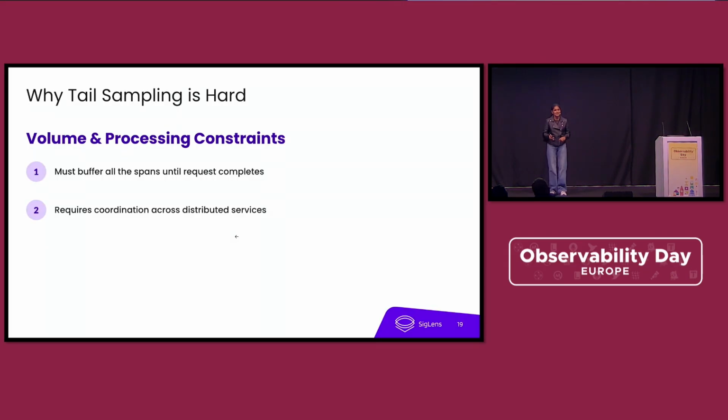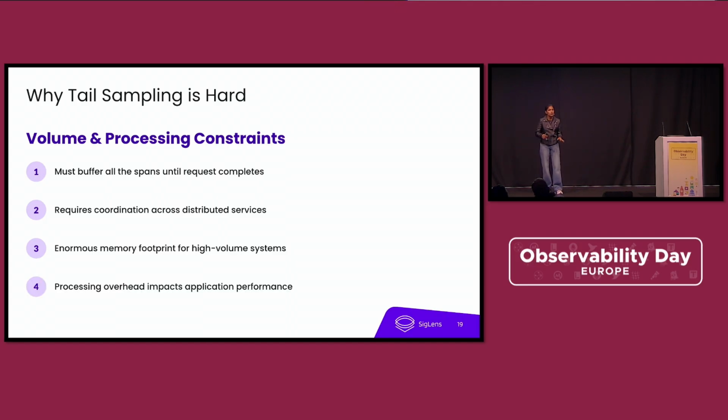Second, in a real-world scenario, this means services need to be coordinating between different clouds and data structures. This leads to huge volume systems and a lot of cost for the storage. Fourth, all these processing overheads impact the application performance.